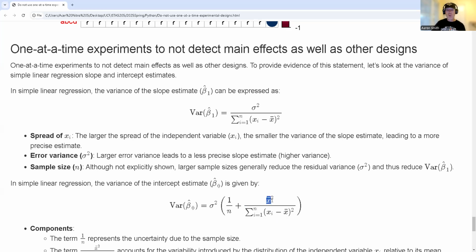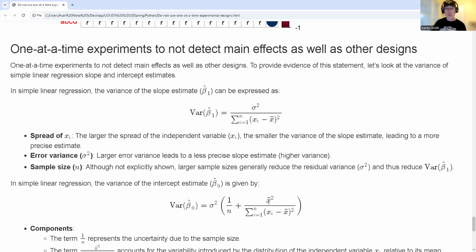Now this x bar squared, I might be able to get a better estimate by being a little bit more nuanced in it, but usually we don't pay as much attention to the intercept. Usually when I'm doing hypothesis testing, I'm way more focused on the slope. And so because of that, the slope is the better way to go.